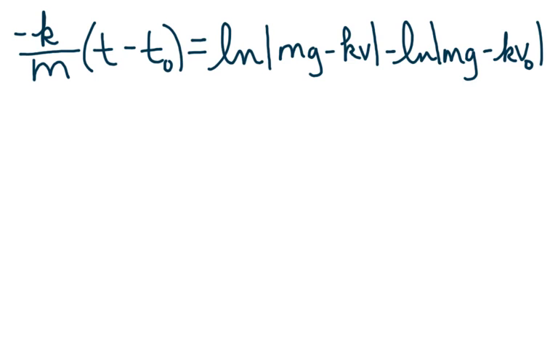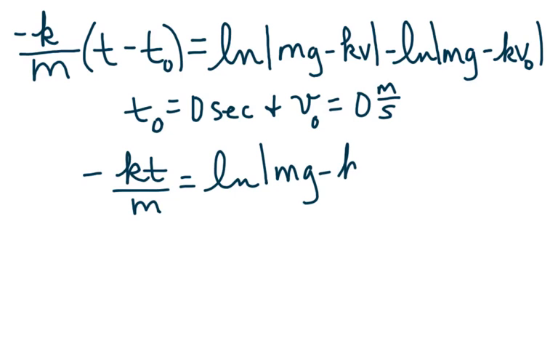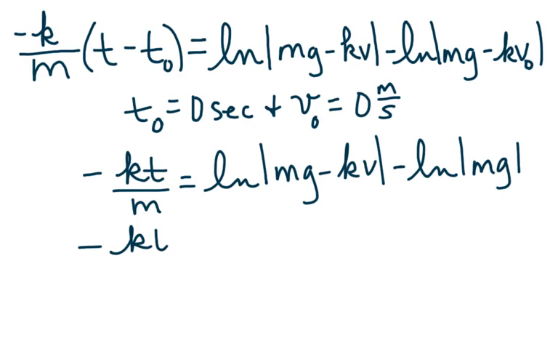Now, if we make the assumption that t sub naught, the initial time, starts at 0 seconds, and my initial speed starts at 0 meters per second, then I plug in zeros for those values, and I'm actually left with negative kt over m is equal to the natural log of mg minus kv minus the natural log of mg. This is the same thing as writing this way.